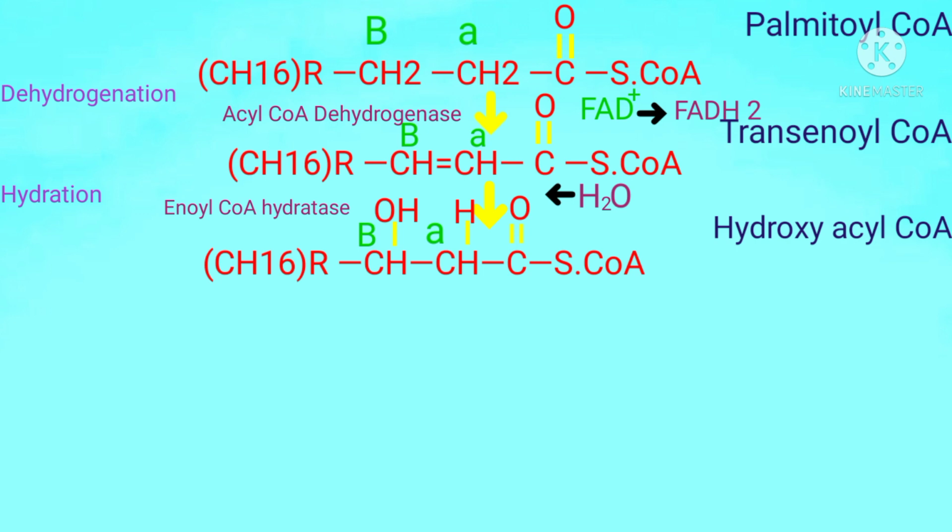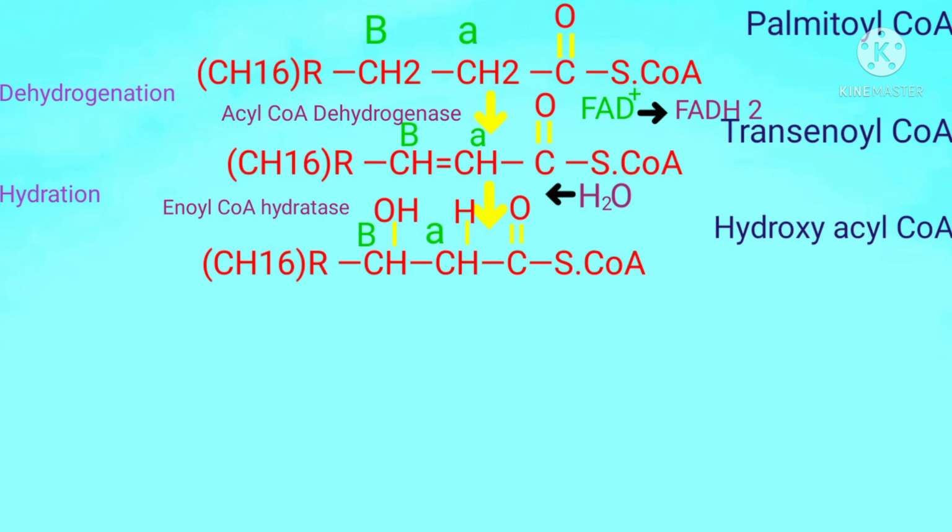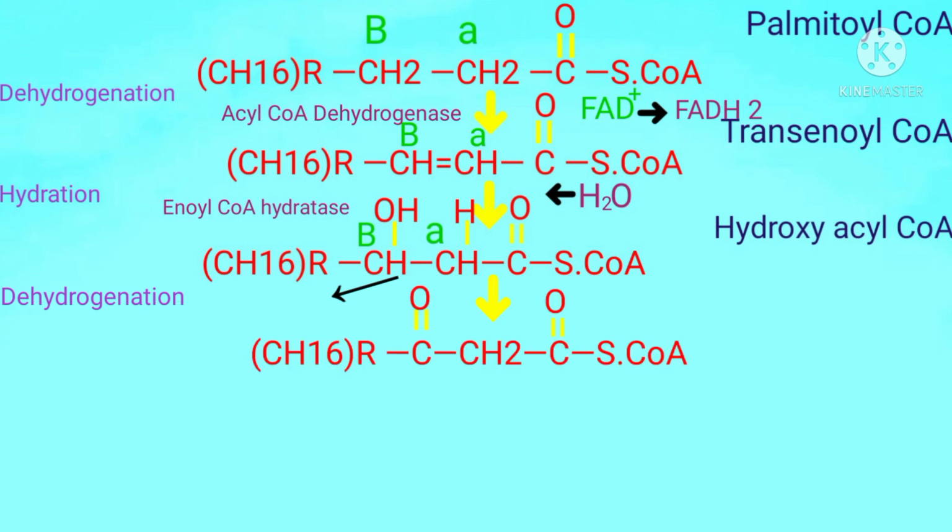The third reaction is again a dehydrogenation reaction. A hydrogen is also removed from the beta carbon of the hydroxyacyl CoA, which leads to the formation of a double bond between carbon and oxygen atom.